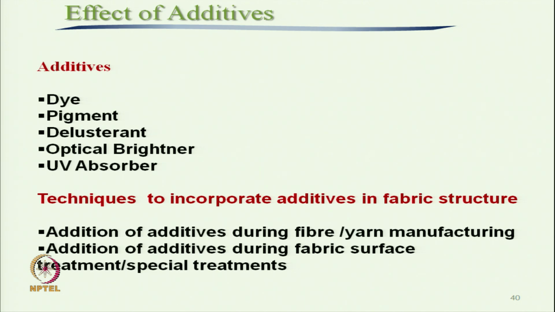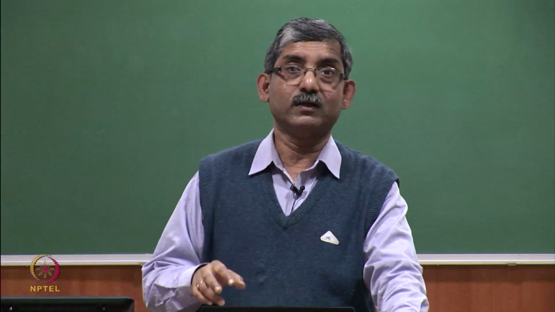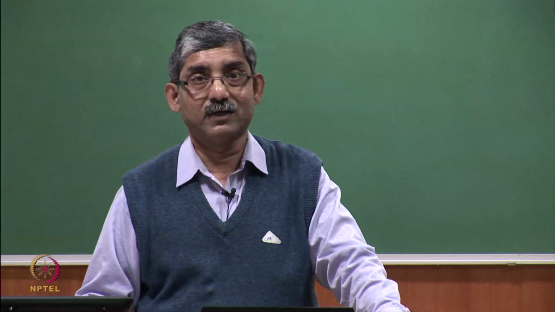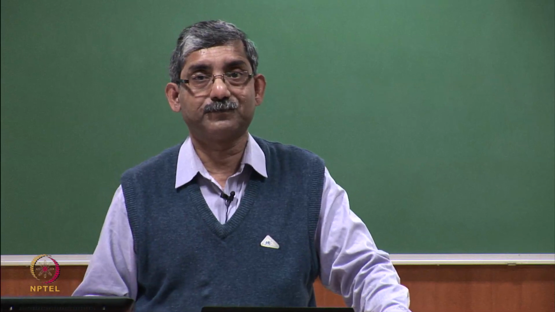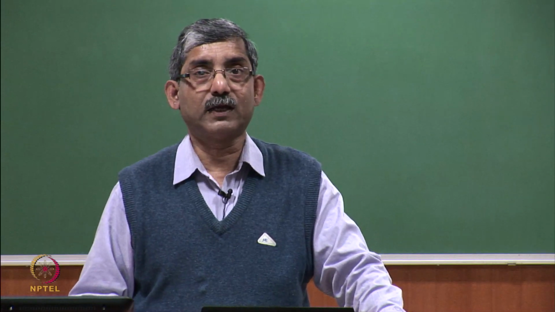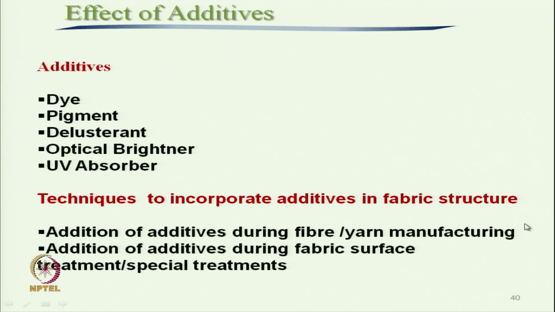We can incorporate this pigment or delustrant during the fiber manufacturing to get the inherent UV protective fiber, or else we can apply during yarn manufacturing, and also during the wet processing of fabrics we can use these additives on the fabric structure.